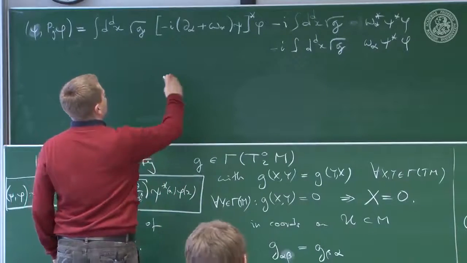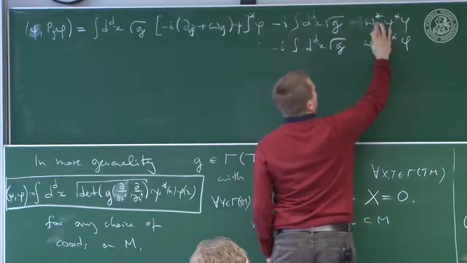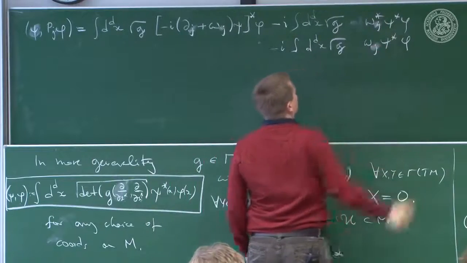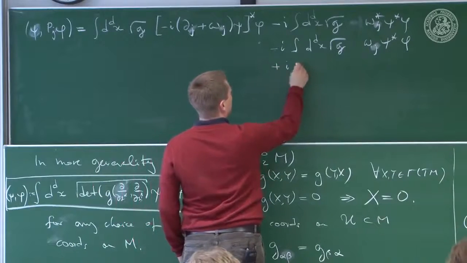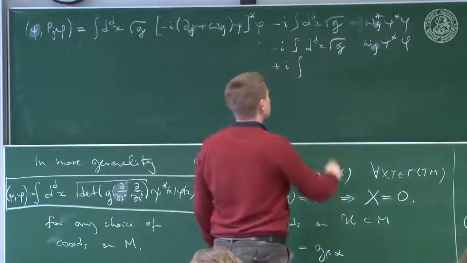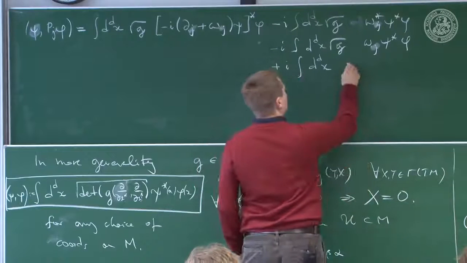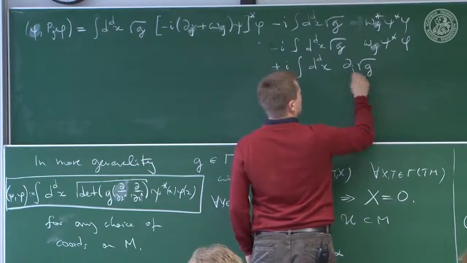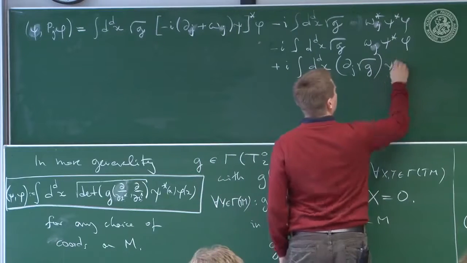Alpha, well, it's a J. Okay, J, J. And the extra term plus I integral d dx. And now there's del J of this density psi star phi.